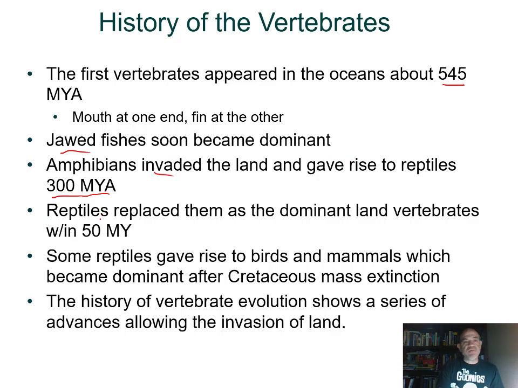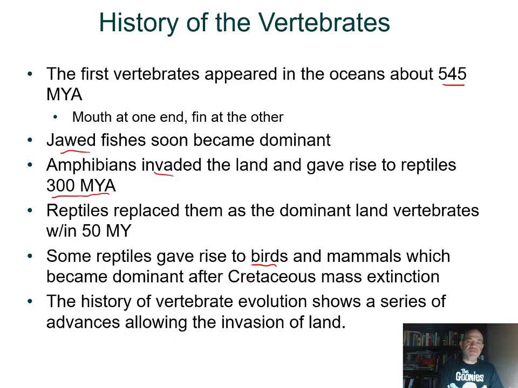And then within 50 million years, the reptiles replaced and dominated over the amphibians. In fact, some amphibians were starting to become very terrestrial in their lifestyle. Some reptiles gave rise to birds. In fact, the evidence now strongly suggests that birds and dinosaurs and crocodiles share this kinship or close ancestry.